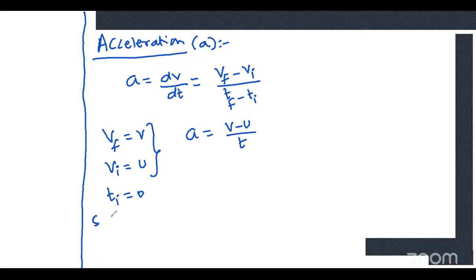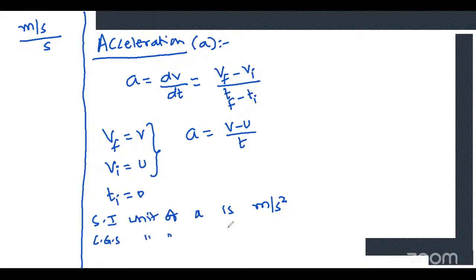So SI unit of acceleration is meter per second square, because velocity means meter per second divided by second. And CGS unit of acceleration will be centimeter per second square.